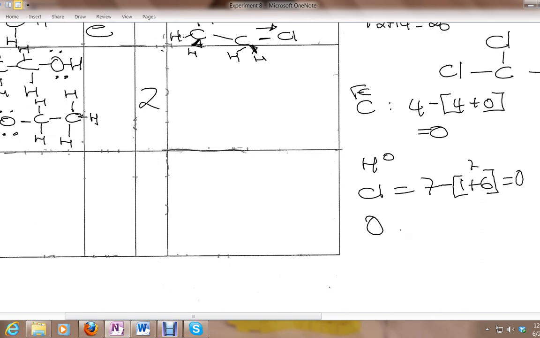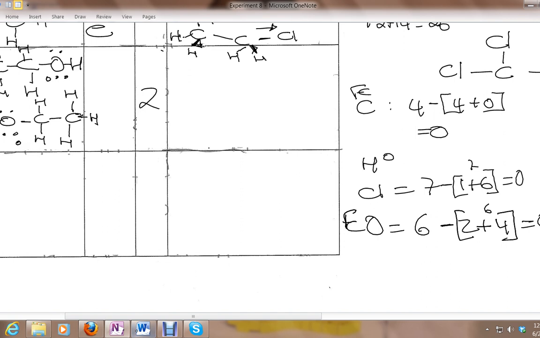So the formal charge of oxygen would be 6 minus 2 bonds plus 4 unshared equals 6. 6 minus 6 equals 0. So this is a perfect Lewis structure.